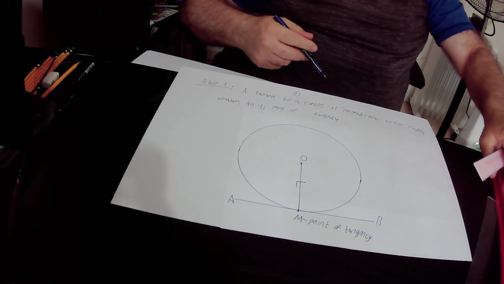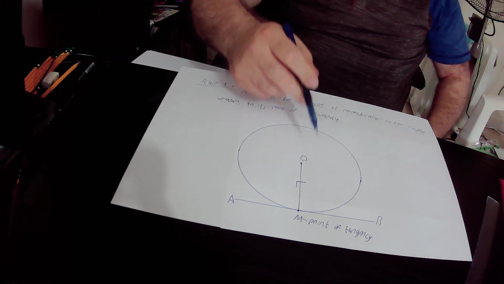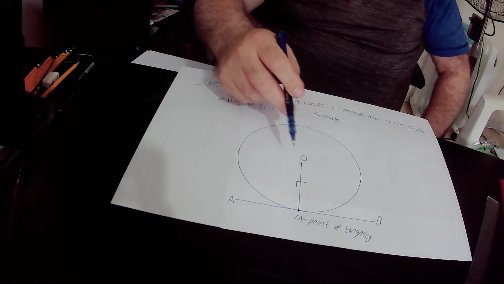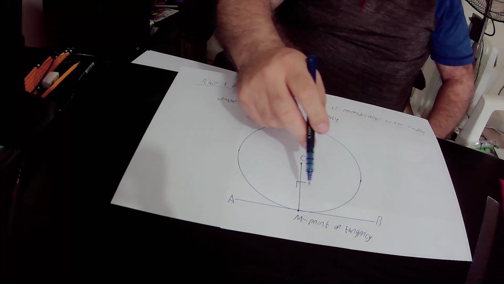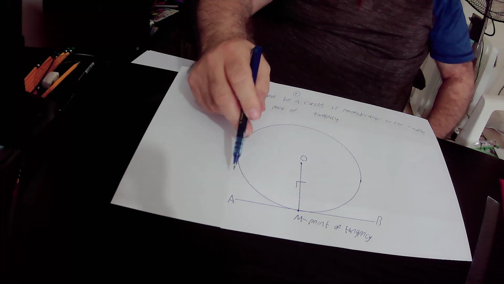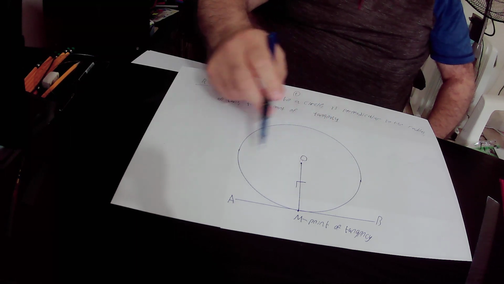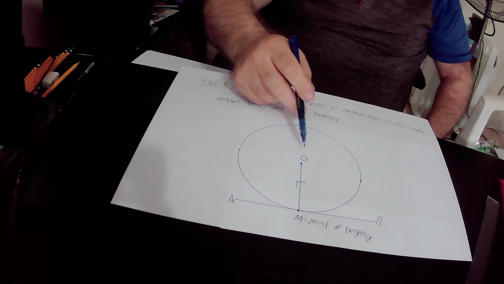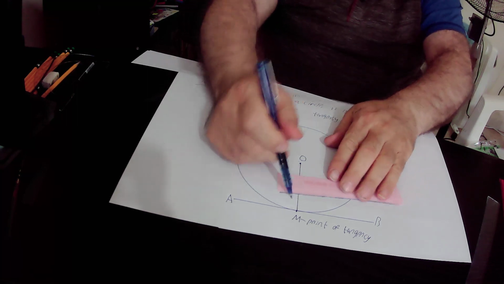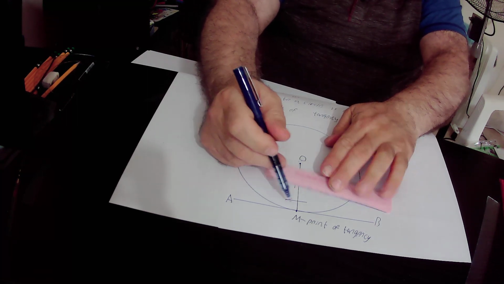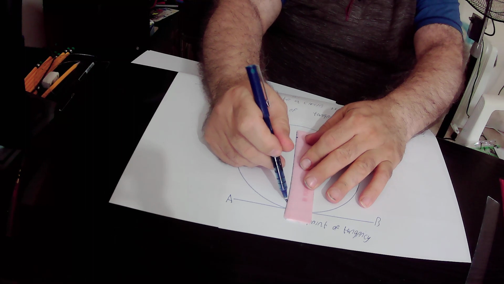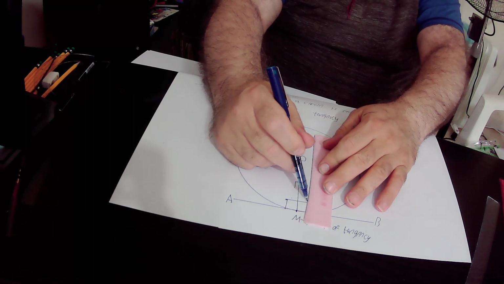And whenever you have a radius that is drawn to the point of tangency, then the tangent will be perpendicular to that radius. That is to say, the tangent AB will be perpendicular to the radius MO. So AB is perpendicular to MO. That is to say, this angle will be equal to 90 degrees, and this angle will also be equal to 90 degrees.